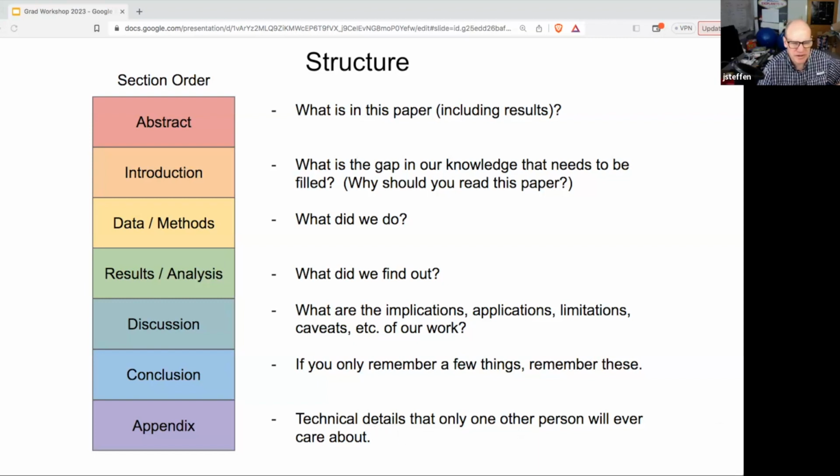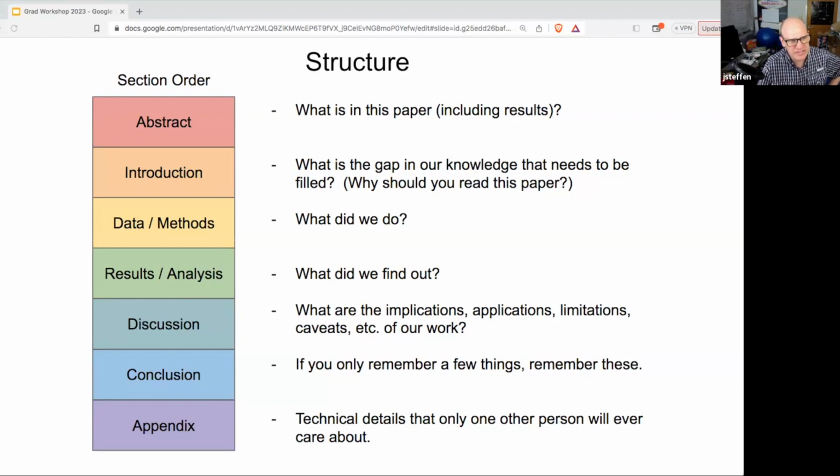So probably only about half of my papers have appendices, and they usually include not necessarily minor, but technical details that aren't of interest to the audience that I've chosen at the beginning to write my paper to.